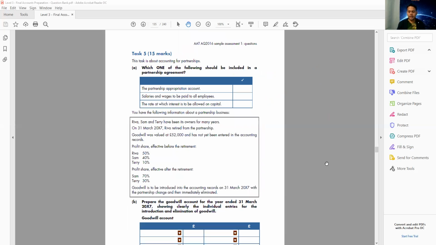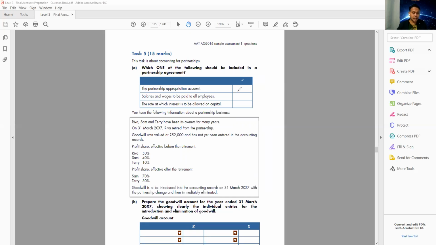To the next question. We have a task 5, I think from the partnership. Let's have a look at that. You can see this task is about the partnership. Which one of the following should be included in a partnership agreement? Out of these 3, which one do you think you should include?